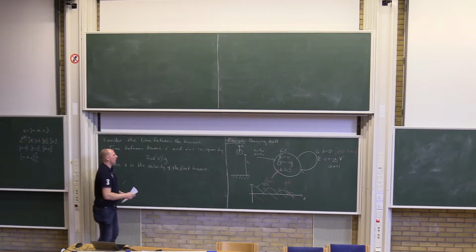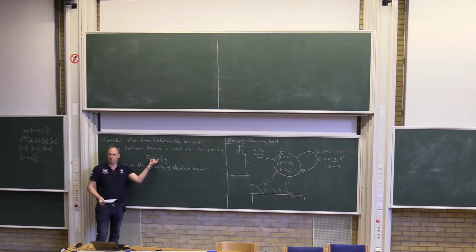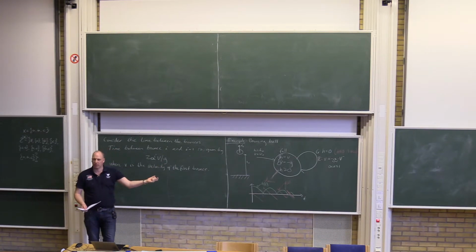If a is a constant between 0 and 1, we can see that this will become smaller and smaller. So the time between the bounces will be shorter and shorter, which is what we expect.